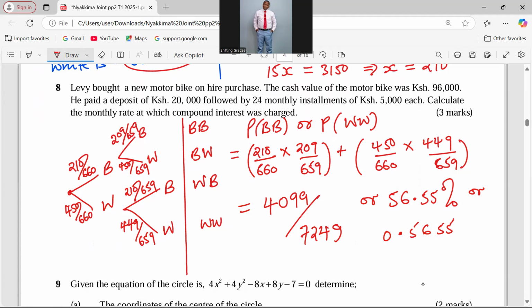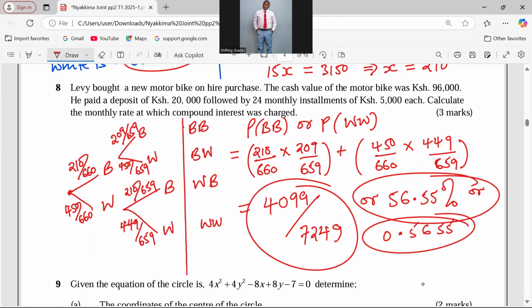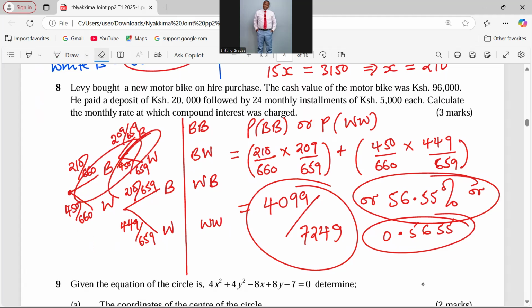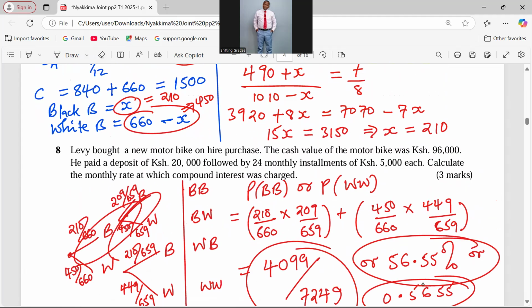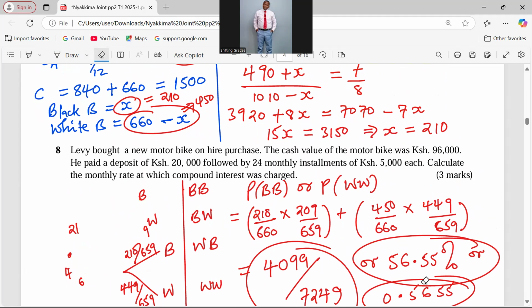So probability can either be a decimal, a fraction, or a percentage. All those are options of expressing a probability. At this point, allow me to focus on a different question, which is number 8.